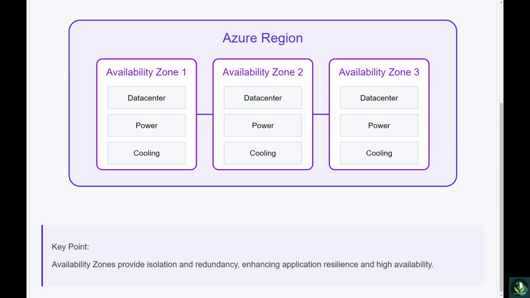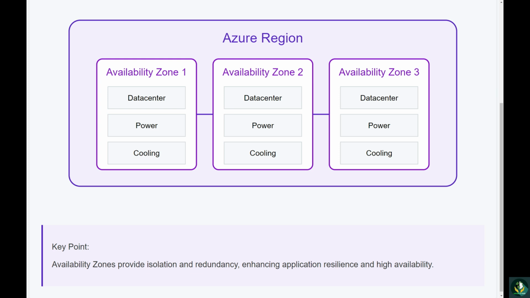1. Zonal services. These allow you to pin resources to a specific zone. For example, you can deploy virtual machines, managed disks, or IP addresses to a particular availability zone of your choice. 2. Zone redundant services. With these services, Azure automatically replicates across zones.